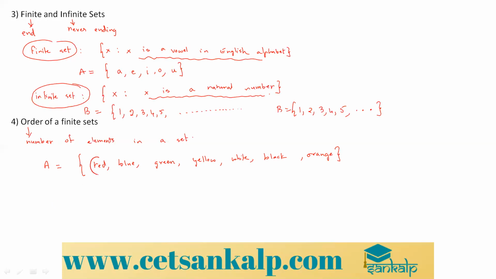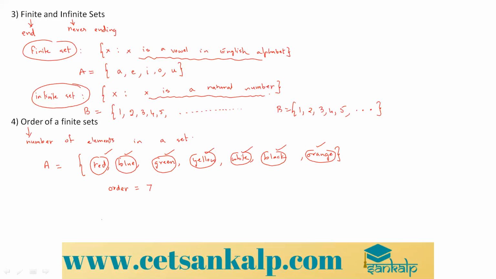So this is an element, red is an element, blue is an element, green is an element, yellow is an element, white is an element, black is an element, orange is an element. Total, how many elements are there? Count and write the order. 1, 2, 3, 4, 5, 6, 7.